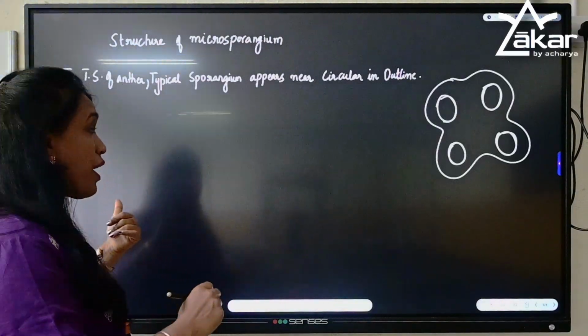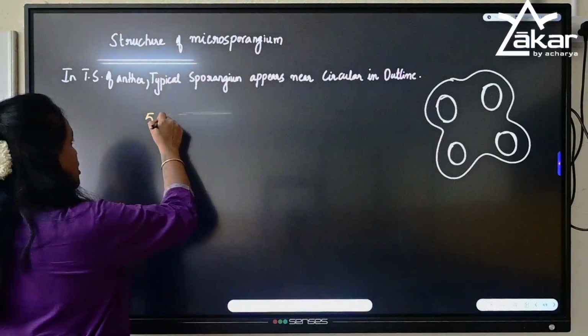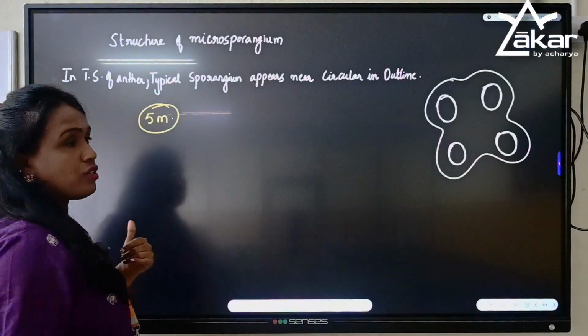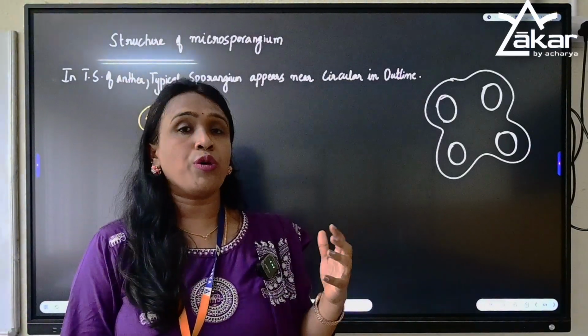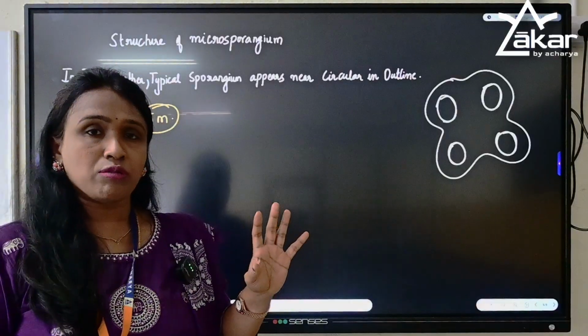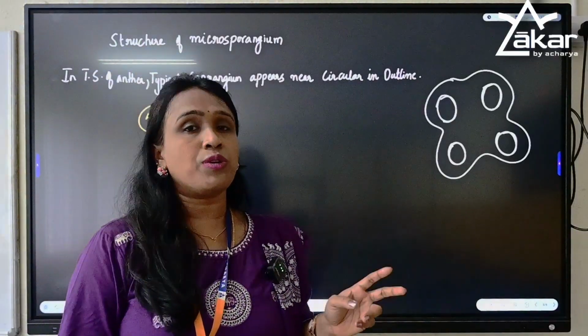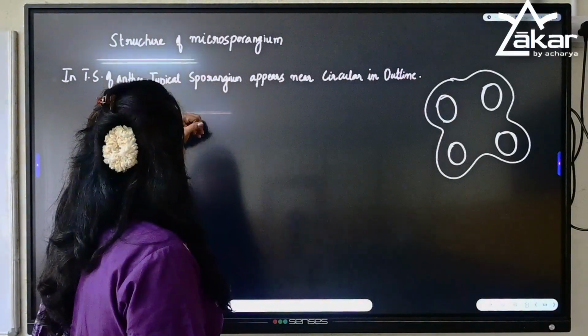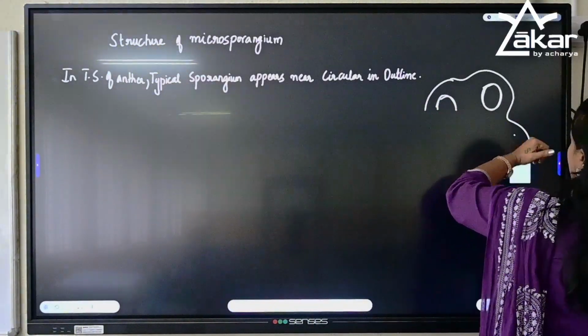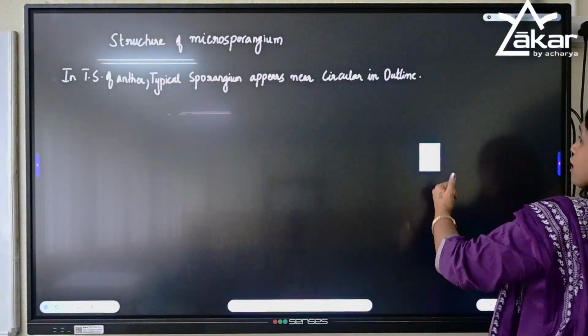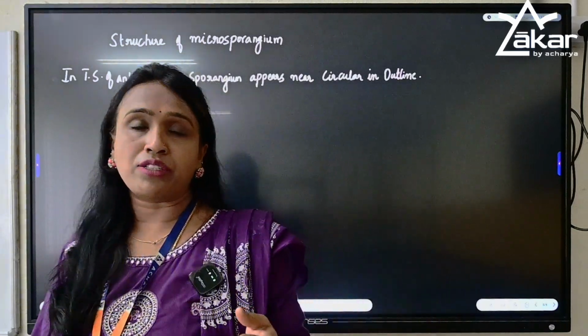Because for 5 marks this question is asked for boards: draw a neat labeled diagram of TS of anther. There are 3 diagrams, 1, 2 and 3. The first 2 diagrams we need to draw, and I will show you now how easily we can draw the diagram and also understand the detailed structure of microsporangium.